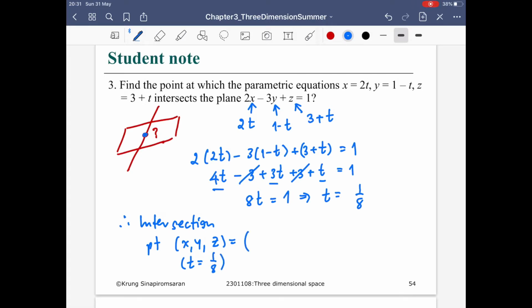So your x will be 2 times 1/8, so 1/4, then 1 minus 1/8, which is 7/8, and then 3 plus 1/8, which is 25/8. Okay, so that's the intersection point.